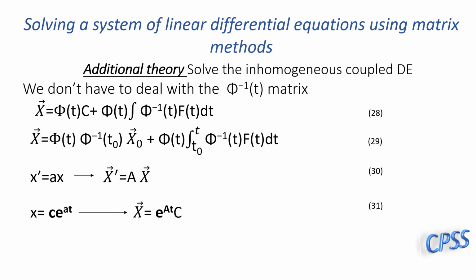Same principle applies. But there you have to be careful, because now your solution is what they call a matrix exponential. It does not necessarily have all the properties of the scalar exponential. So we have to carefully deal with the A matrix.